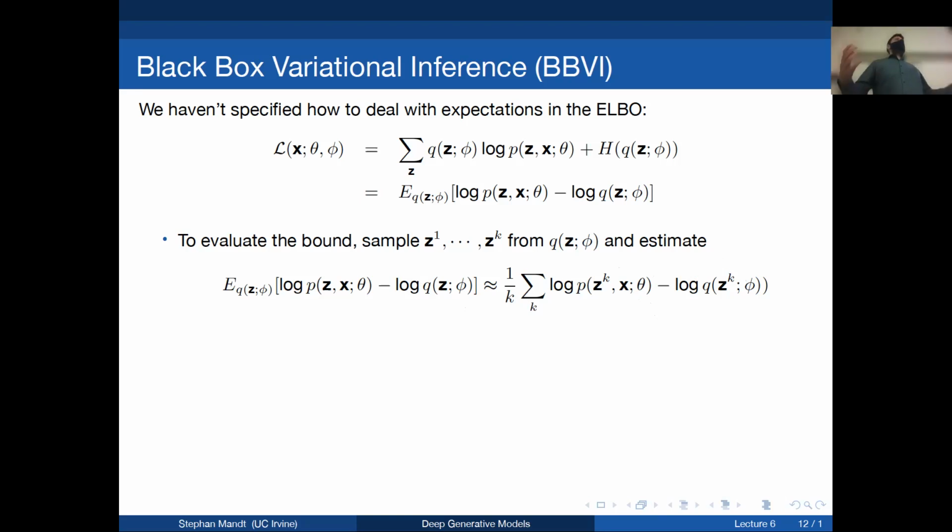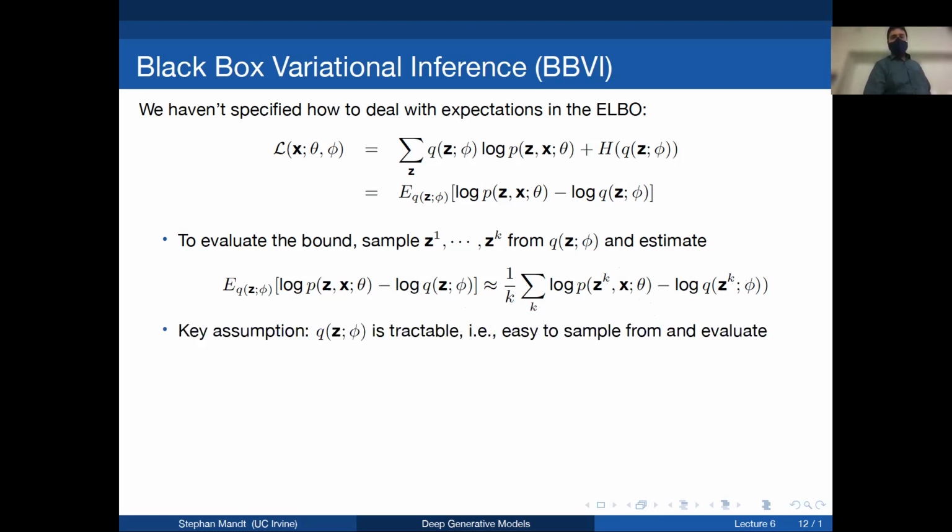If we sample often enough, this gets us a less and less noisy estimate of the ELBO value for a given set of parameters. The key assumption is that the Q distribution is relatively simple, so we don't have to worry about sampling from it. There might be cases where even sampling from Q is difficult, but here, for simplicity, think of a factorized Gaussian distribution. We know how to sample from products of Gaussian distributions.